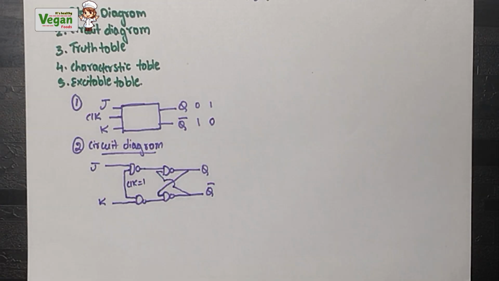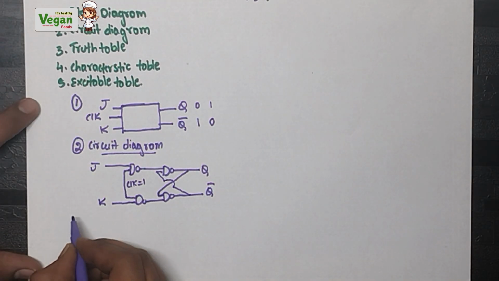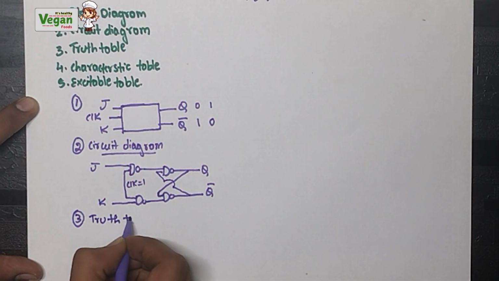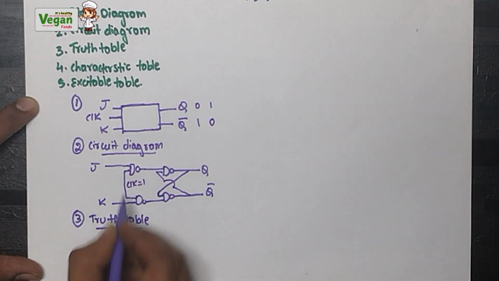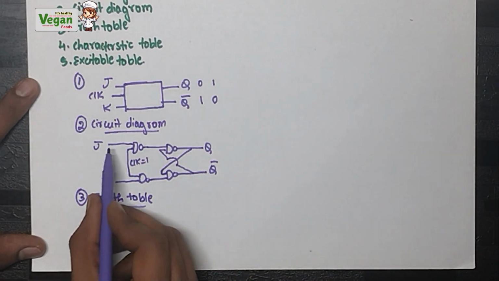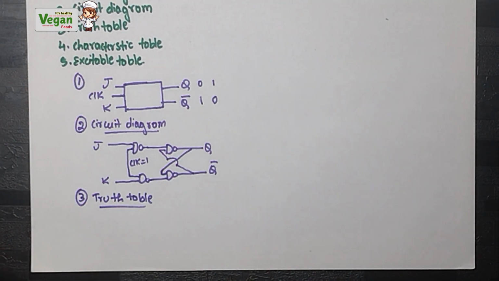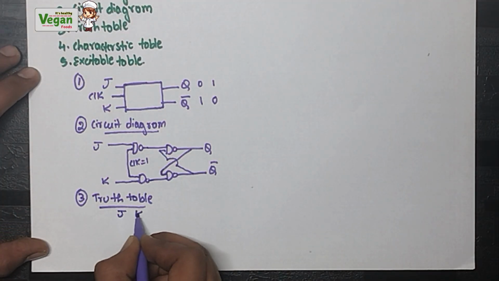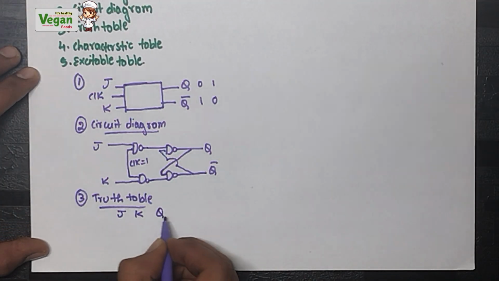Now let's go for the third step, that is truth table. While writing the truth table, we must take the reference of the second step, that is circuit diagram. What are the inputs? J, clock and K. Since clock value will always be equal to 1, let's consider only J and K. What will be the output?